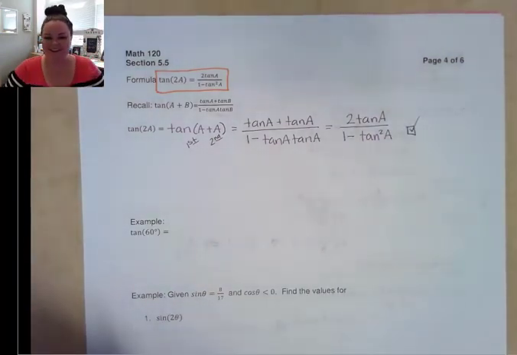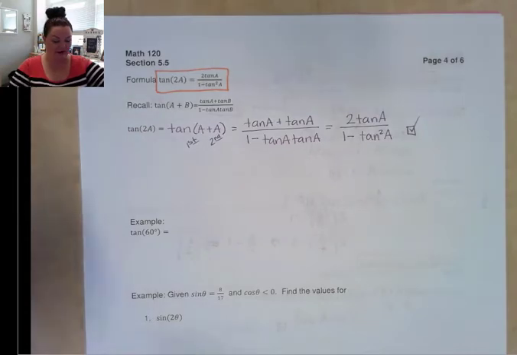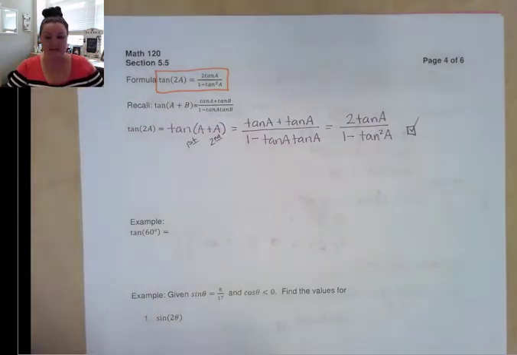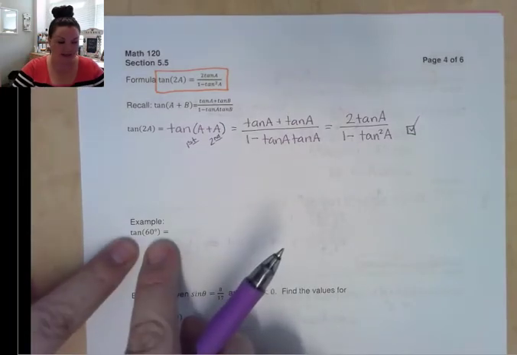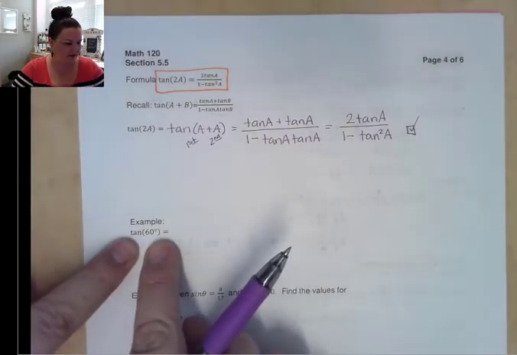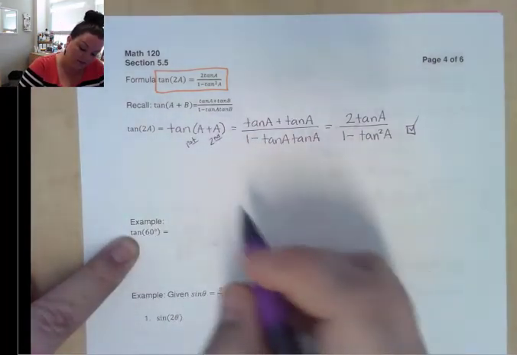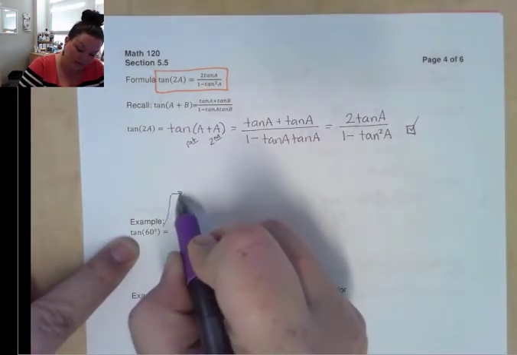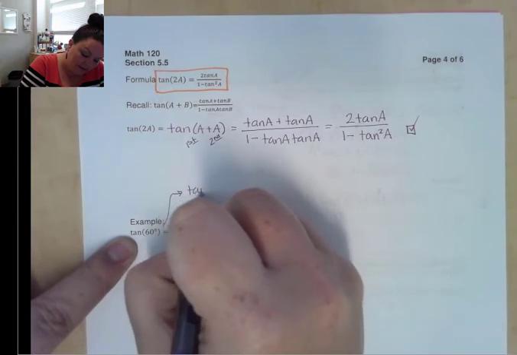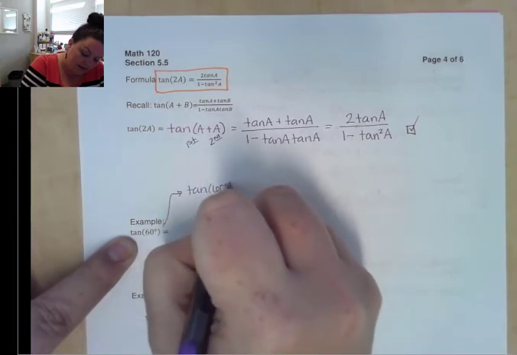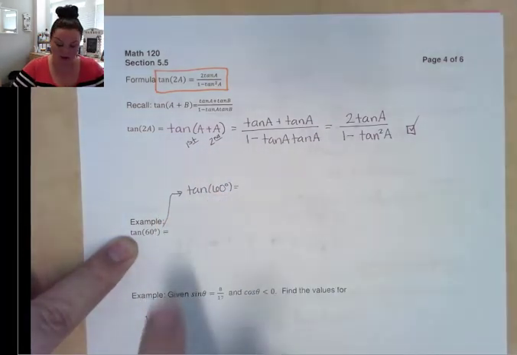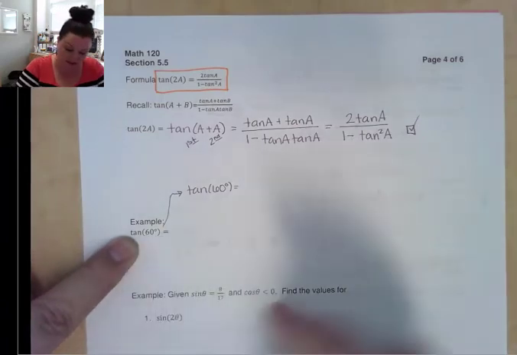Ha-ha! Right? And now we just want to verify it with an example. So our example that we're going to use is tangent 60, and I'm going to move it up a little bit because it looks like when I worked it out it was kind of squinched. So I'm going to go ahead and move this example up here. I'm going to say that tangent of 60 degrees, we know we can rewrite that as 2 times 30.